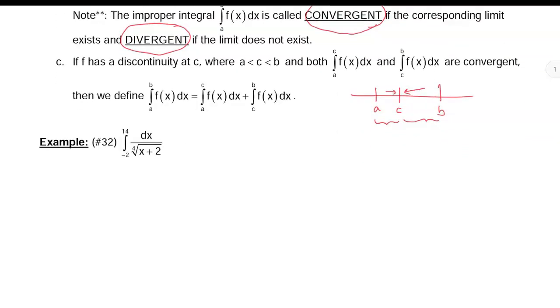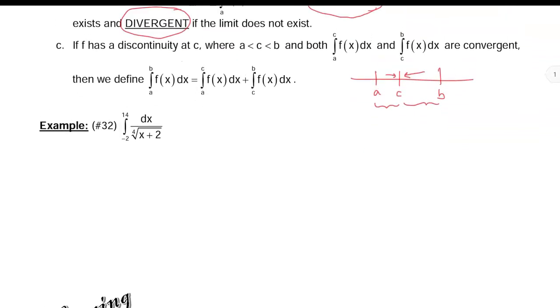Here is an example. In this example, there is no evidence of infinity. There's no infinity actually written. But what you need to do is examine the denominator. In the denominator, if x were to equal -2, we would have a vertical asymptote there. We would have a discontinuity because we cannot divide by 0. And that happens to be the lower limit of our integral.